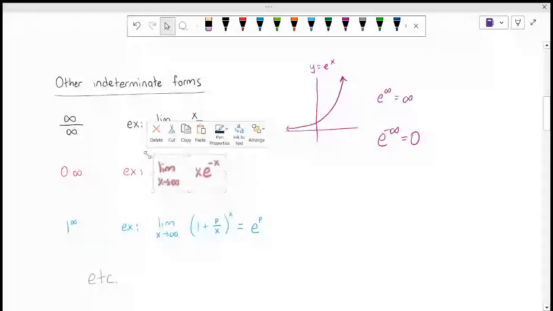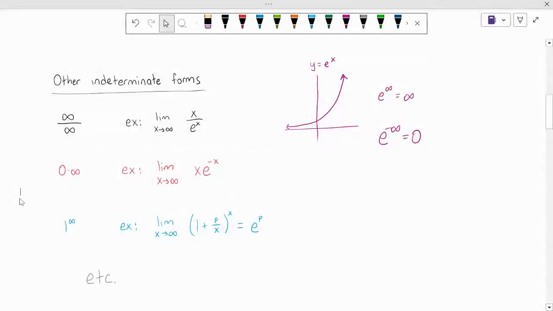And then just one more example of an indeterminate form is when you have 1 to a power of infinity in a limit. And here's an example of a limit that gives you this 1 to the power of infinity indeterminate form.